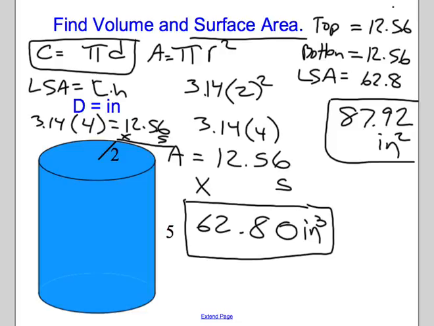Most of the time they're going to say find the volume and the surface area. And they're lengthy, but if you can do that, you can do anything else that we're going to do this year. And we'll have accomplished quite a bit. Right? Good job of listening. Appreciate that very much.